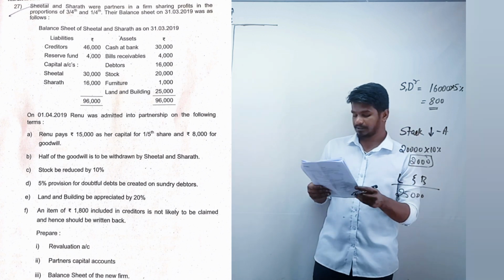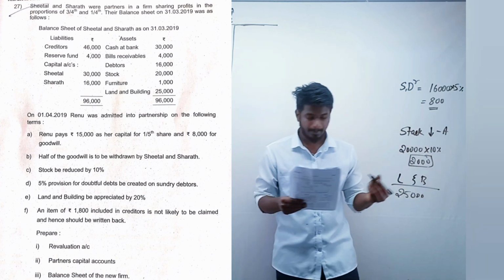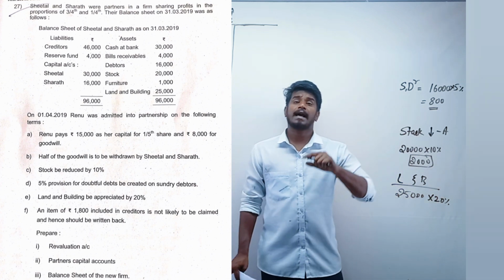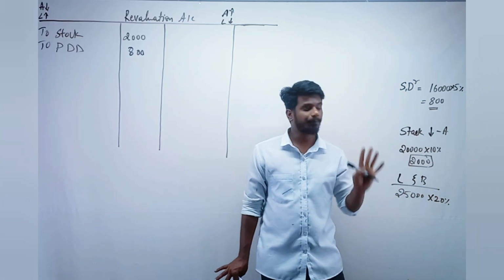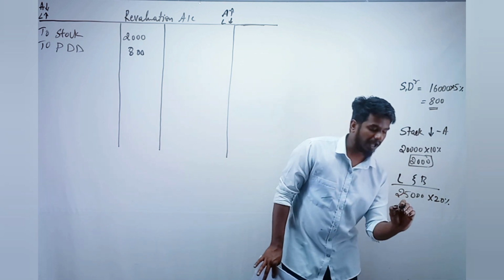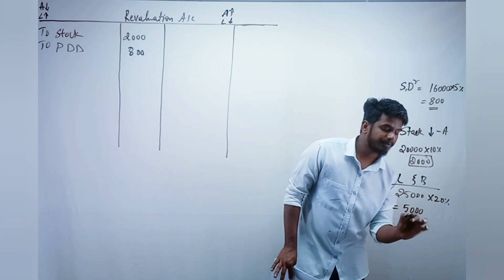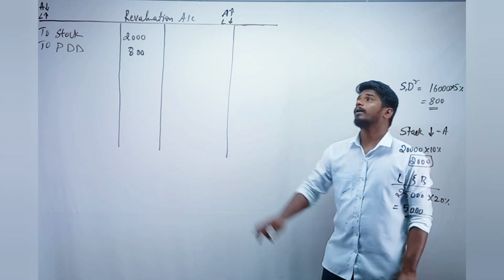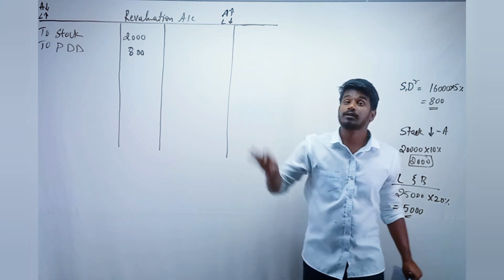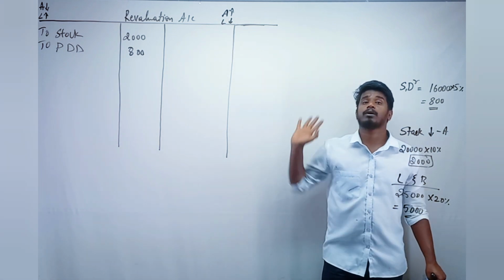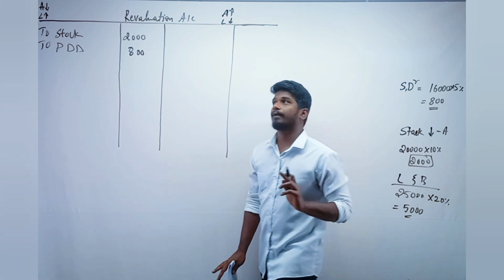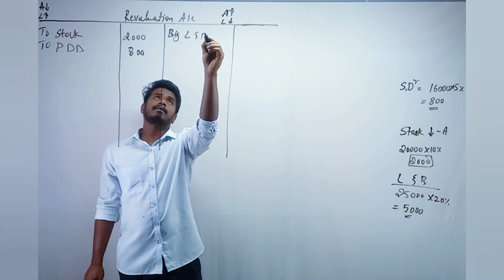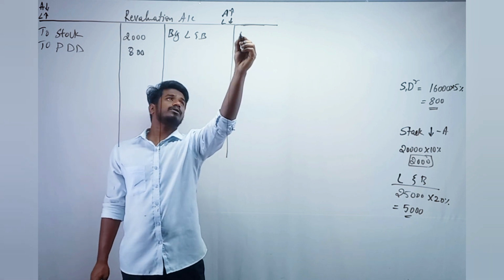It is appreciating by 20%, which means 5,000. So where will we record it? We will record it on the credit side, because if an asset increases we should record it on the credit side. So by land and building, 5,000.